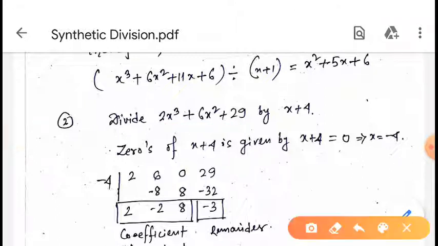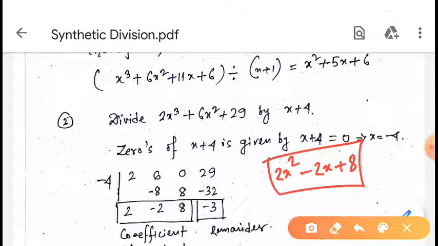So now the quotient will be 2x square, sorry, not 2x cube, 2x square minus 2x plus 8. This is your quotient, and the remainder is minus 3 by x plus 4.